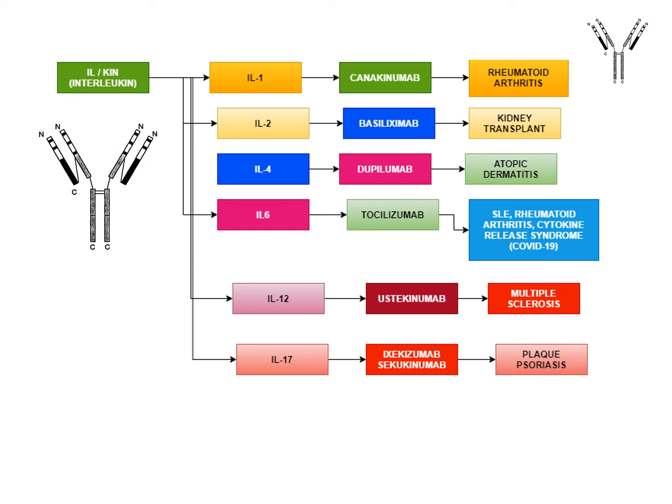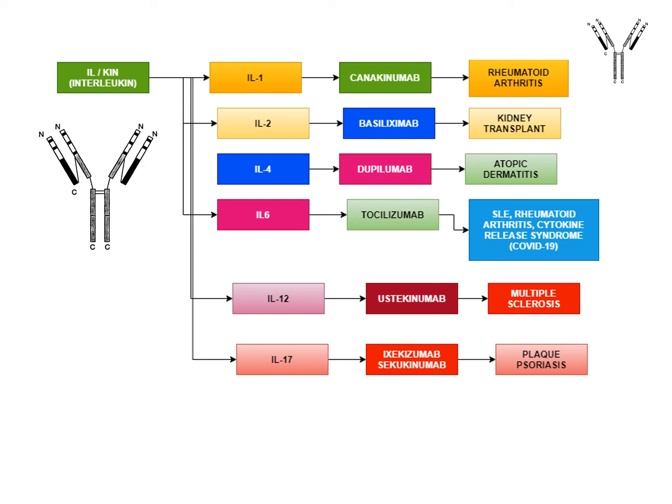Dupilumab is targeting IL-4, given for atopic dermatitis. Tocilizumab is very famous nowadays in the COVID era, given for reducing cytokine release syndrome. It is otherwise given for systemic lupus erythematosus and other autoimmune disorders like rheumatoid arthritis.